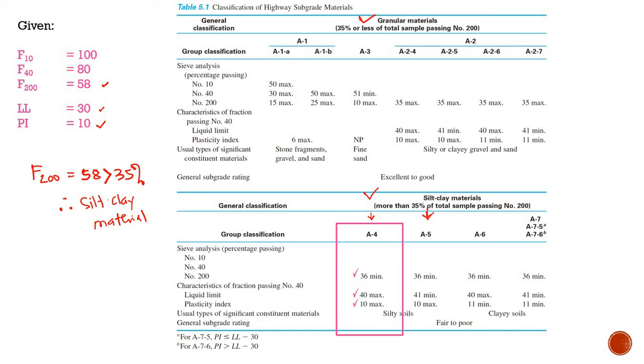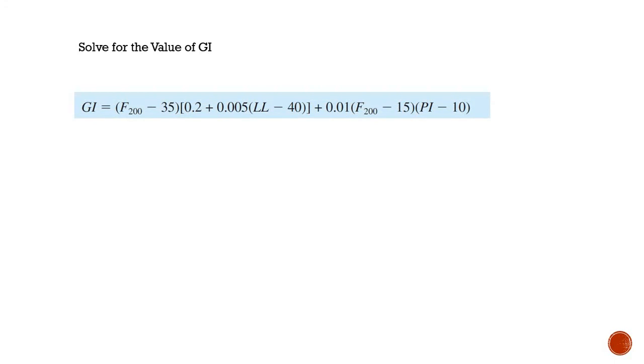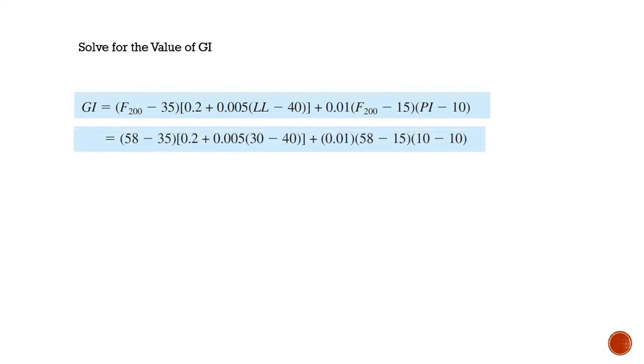So, after getting the group classification, we have to solve for the value of the group index. Using the equation, we substitute: group index is equal to our percent passing in sieve number 200, which is 58, minus 35, multiplied by 0.2 plus 0.005 times our liquid limit, 30, minus 40, plus 0.01 multiplied by our F200, 58, minus 15, multiplied by PI, our PI is 10, minus 10.